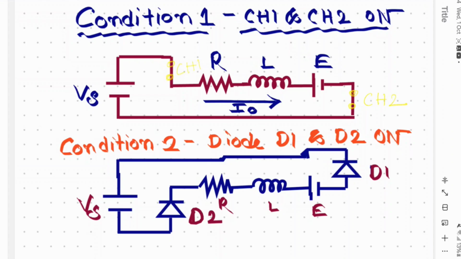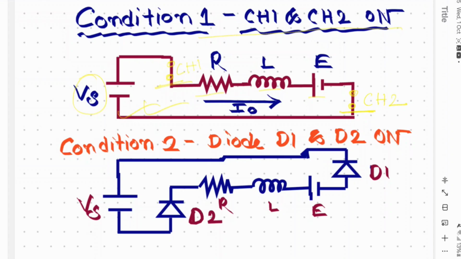Current will flow from the voltage source to resistance, then inductance, source, and go back to the negative point of the voltage source. After turning on switch 1 and switch 2, the current will flow from source to load.